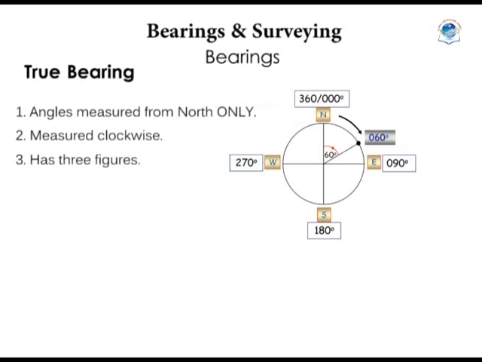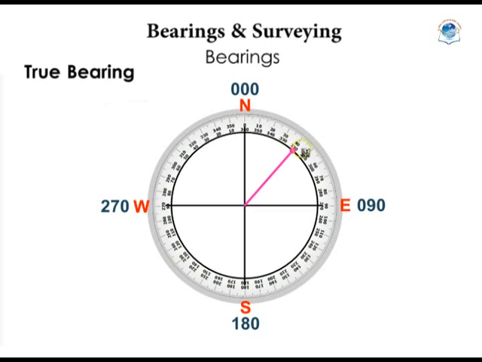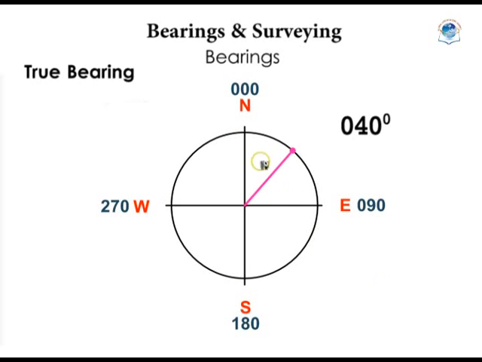So if we turn 60 degrees from north, that bearing will be 060 degrees. If we turn this much, let's see the angle. It's 40 degrees, and so the true bearing will be 040 degrees. How about this?